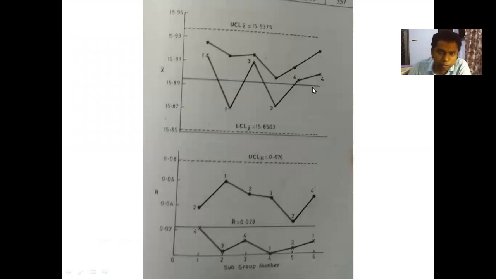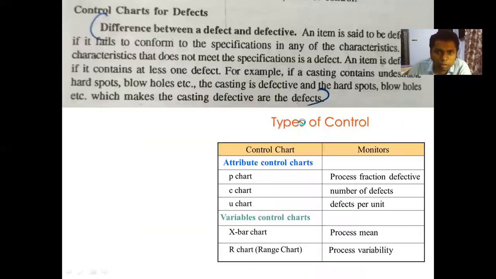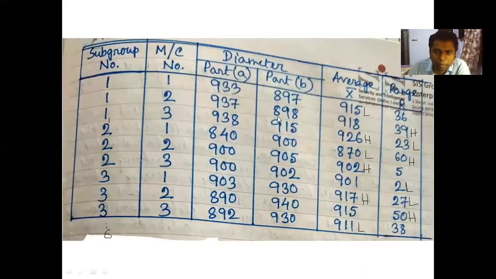In this case, we only plot the highest and the lowest values. For example, after drawing the x double bar, upper control limit and lower control limit, I will plot the highest and the lowest.